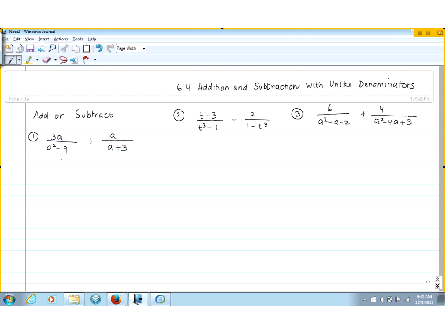So for number 1, what do we do first? Can we just add the top? No, we want to have the LCD. So let's factor. How do we factor a squared minus 9? It's a plus 3 times a minus 3.